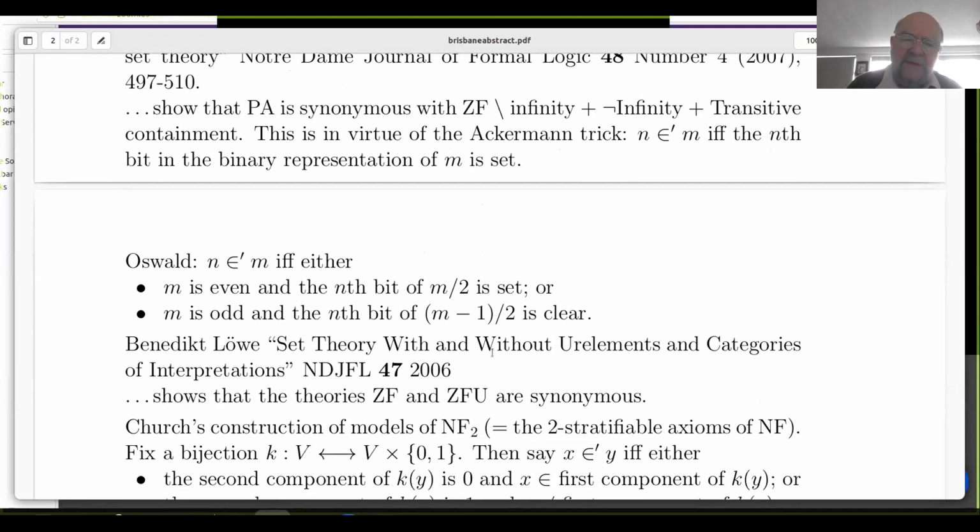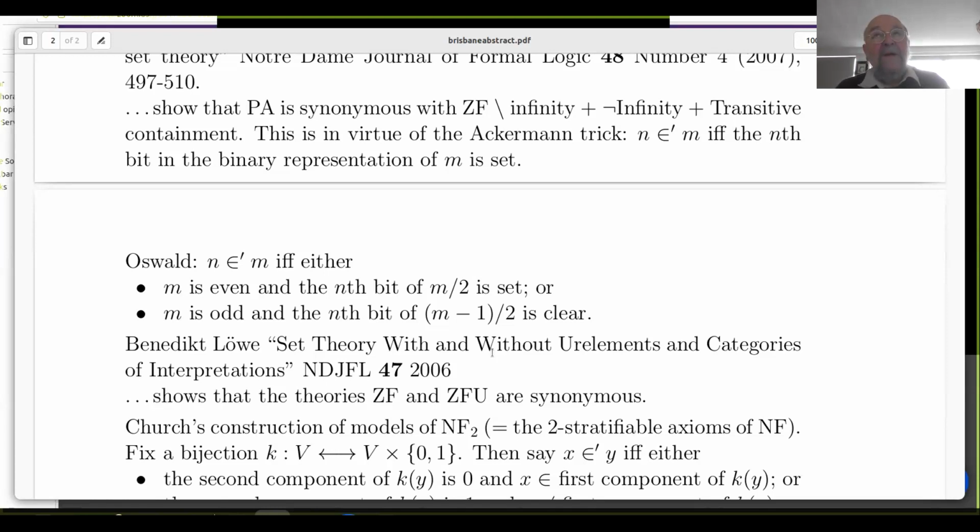I don't think he actually proves that ZF and ZFU are synonymous. He proves that ZF is synonymous with ZF allowing countably many atoms, but the construction is a good one. And what he does is show that if you start with a model of ZF, you can define a new membership relation such that when you decorate the carrier set of that model with that new membership relation, you get a model of ZFU, and vice versa.